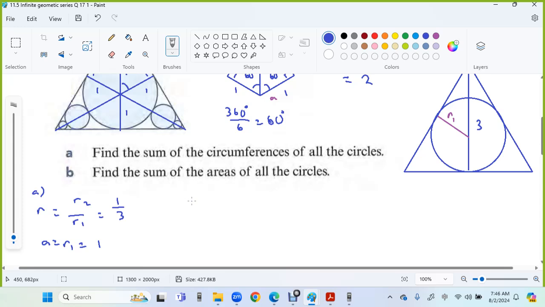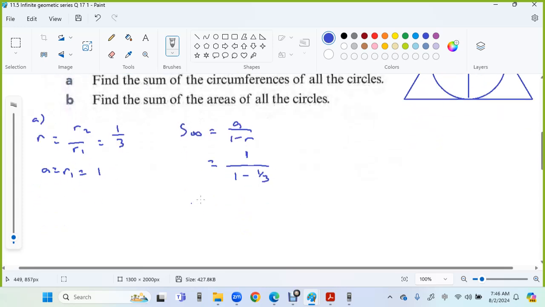So the sum to infinity, S infinity is A over 1 minus R. So we have 1 over 1 minus 1 over 3. So the S infinity that we get for the radius is 3 over 2.